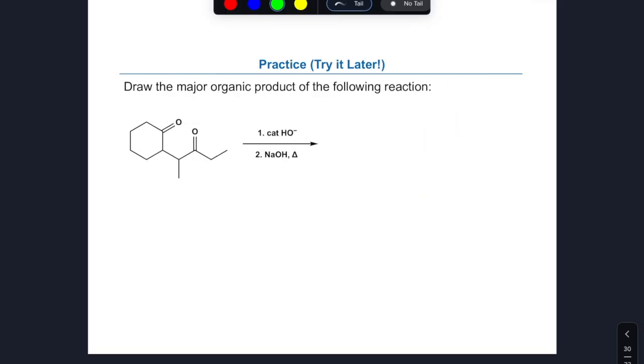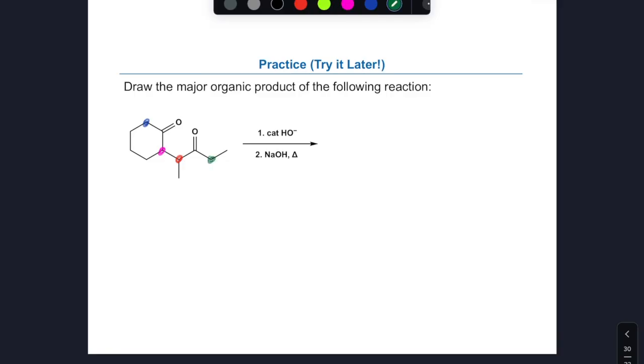Okay, so now we're going to do ring formation based on what we mentioned before. As I mentioned, for any of these intramolecular reactions, you're going to have two carbonyls. Those carbonyls are going to have two possible centers. So here at this blue center versus pink, and then likewise we've got red and, let's say, green.